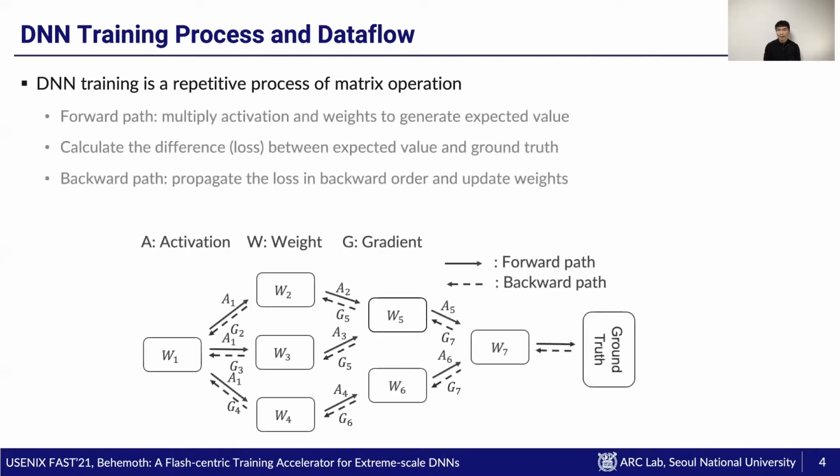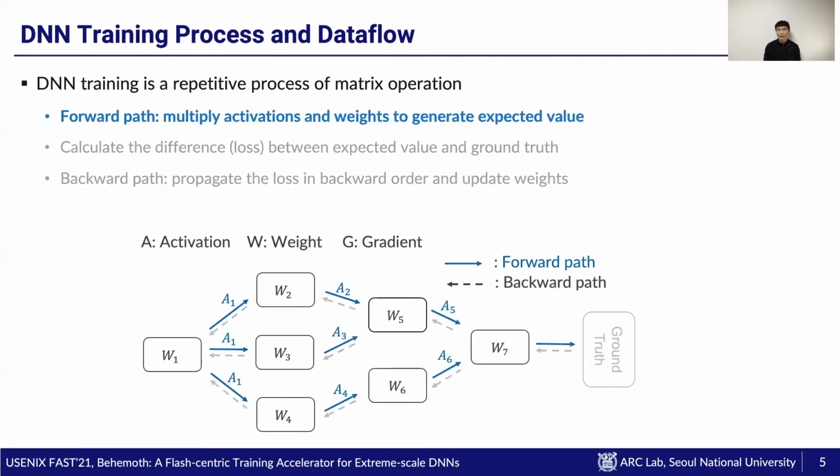It is a repetitive process of matrix multiplication between activation, weight, and gradient matrices. The DNN training process can be split into 3 steps. Step 1 is forward pass, where activation and weight matrices are multiplied to generate the expected value. The activations created in this step are stored for later use.